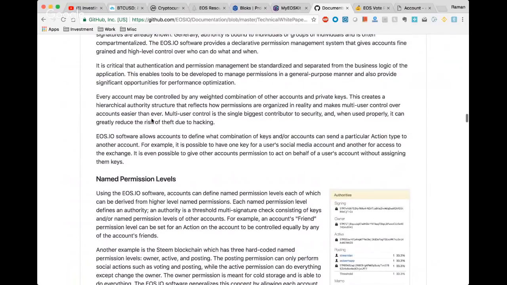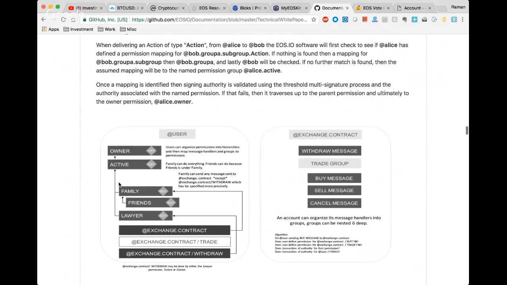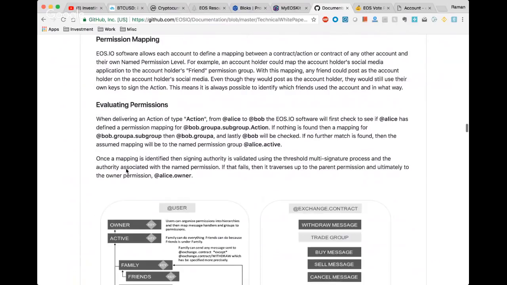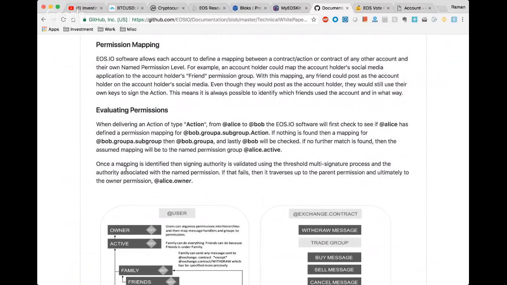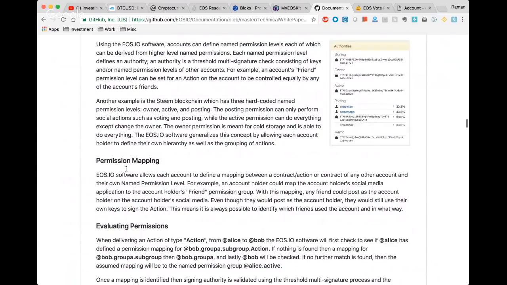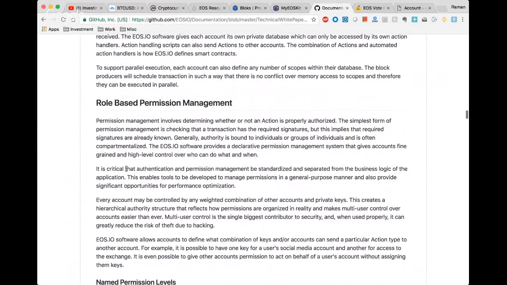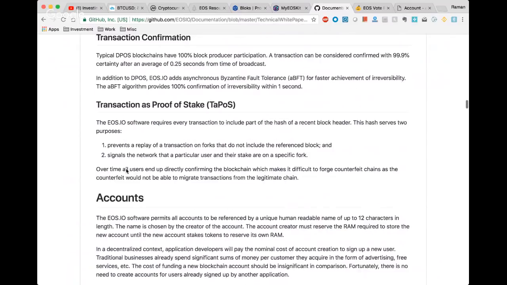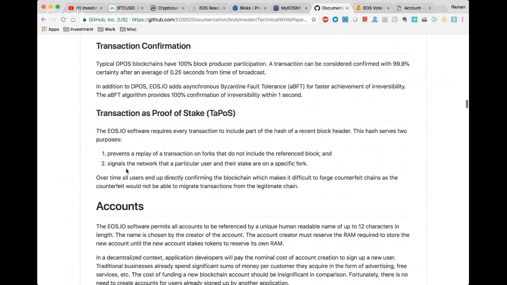It allows you to recover your tokens when you lose them, especially if somebody hacks into your keys. I don't want to go into these details, because I think very few people are technical enough to understand all this. But this information is best available in the white paper, and you can always go to the EOS documentation and read all about it.